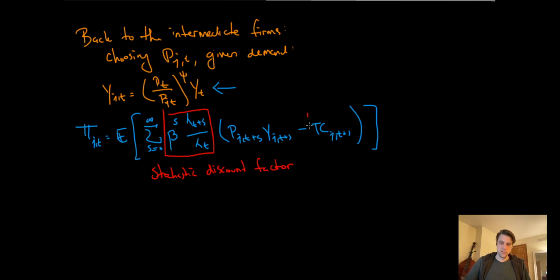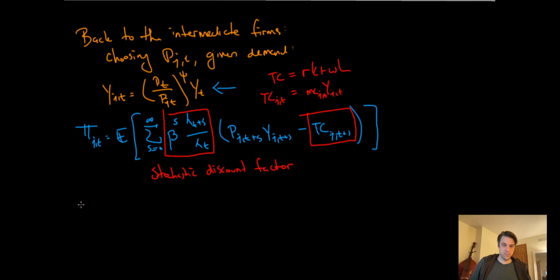Total costs, we can also write in a more clever way. We know that total cost is, of course, equal to RK plus WL. But there's another way to think about total cost, which is it's the amount of stuff you produce times the unit cost of each thing that you make. And of course, we know the unit cost of each thing you make is the marginal cost. So we can write the total cost for firm J in time t as the marginal cost of JT times YJT, which is exactly what we'll do.